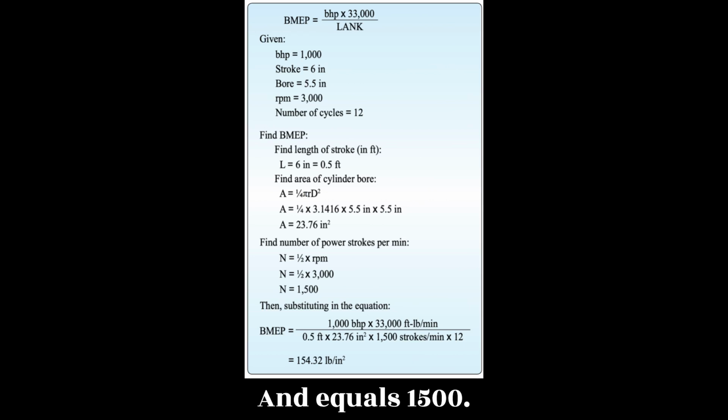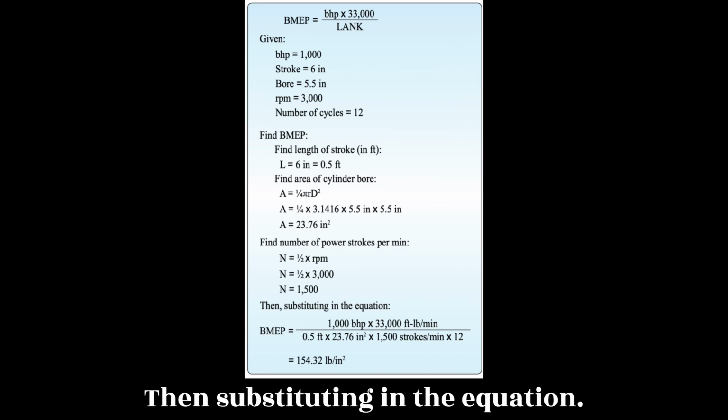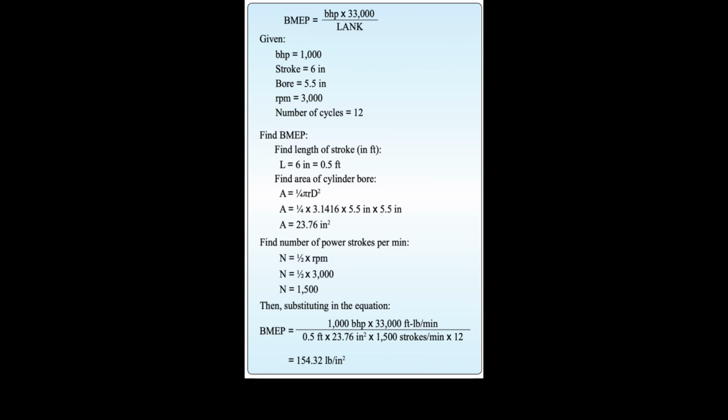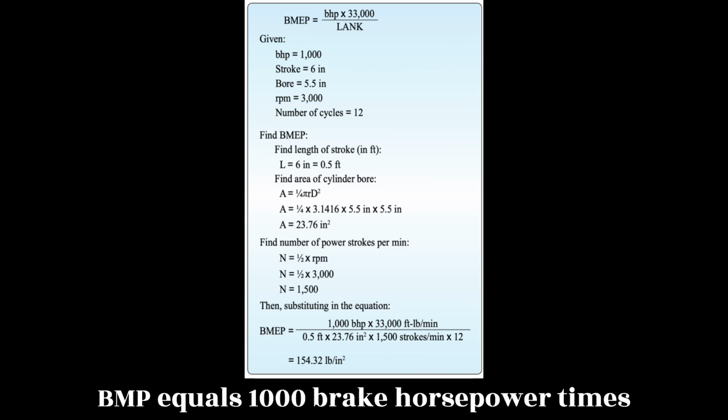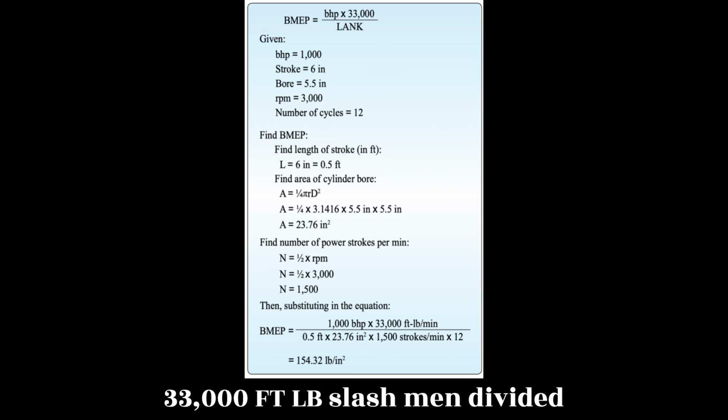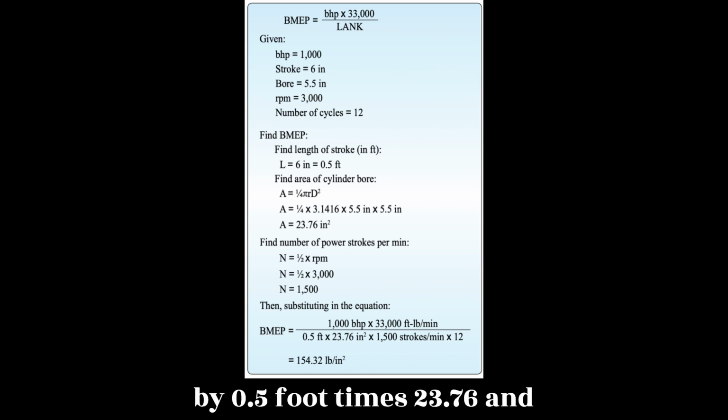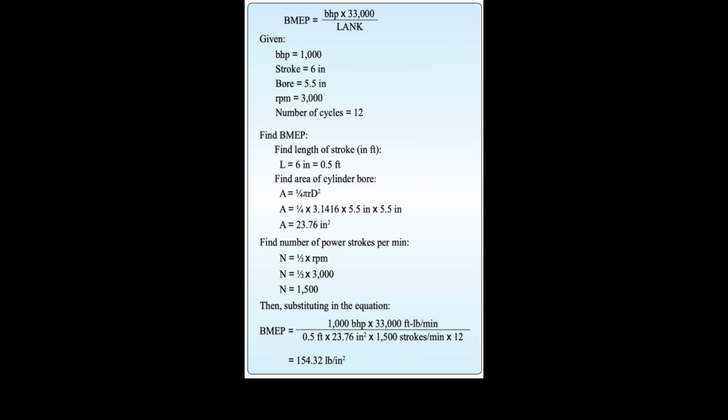N equals 1,500. Then, substituting in the equation, BMEP equals 1,000 brake horsepower times 33,000 foot-pounds per minute divided by 0.5 foot times 23.76 in squared times 1,500 strokes per minute times 12. Equals 154.32 lb/in squared.